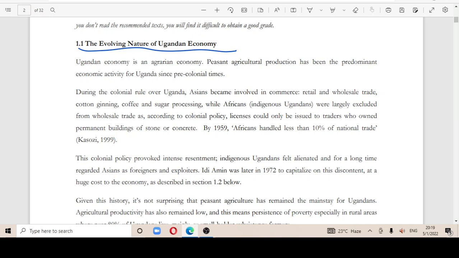So the Ugandans were being excluded from wholesale trade, and there were policies during the colonial times. According to the colonial policy, licenses issued could only be given to traders who owned permanent buildings, thus excluding the Ugandans, who handled less than 10% of the national trade.